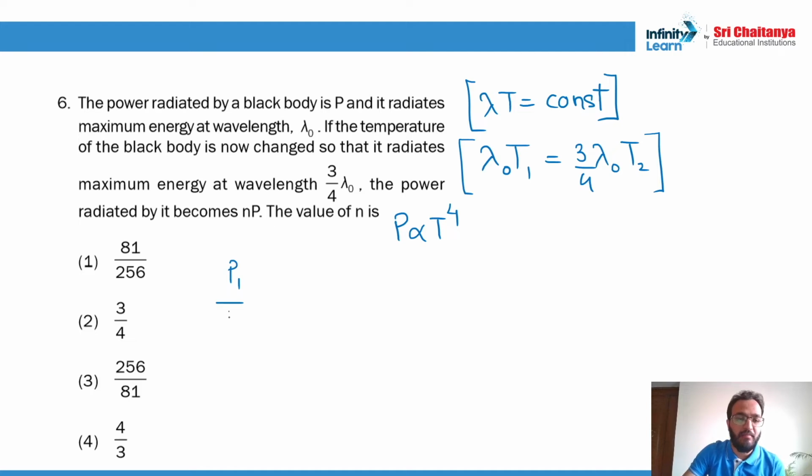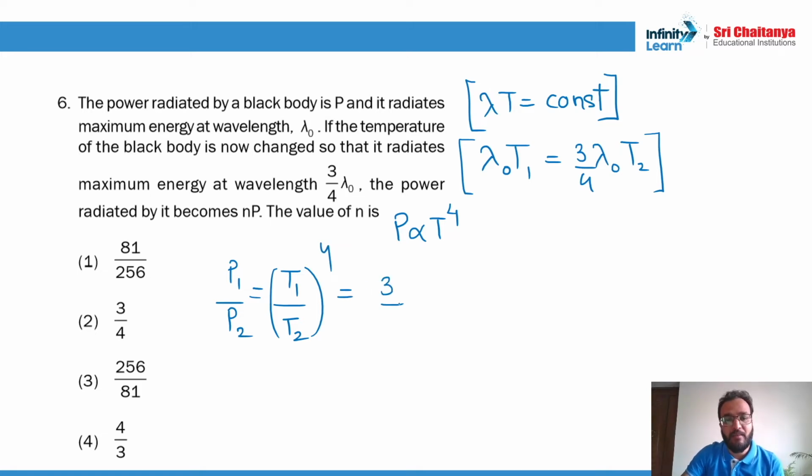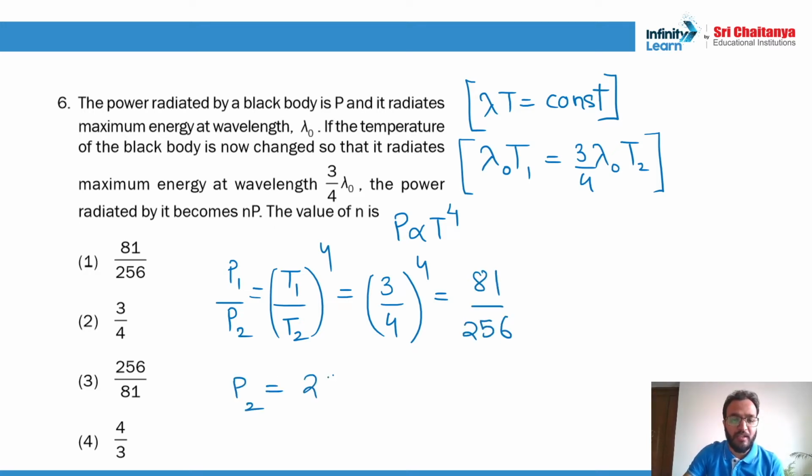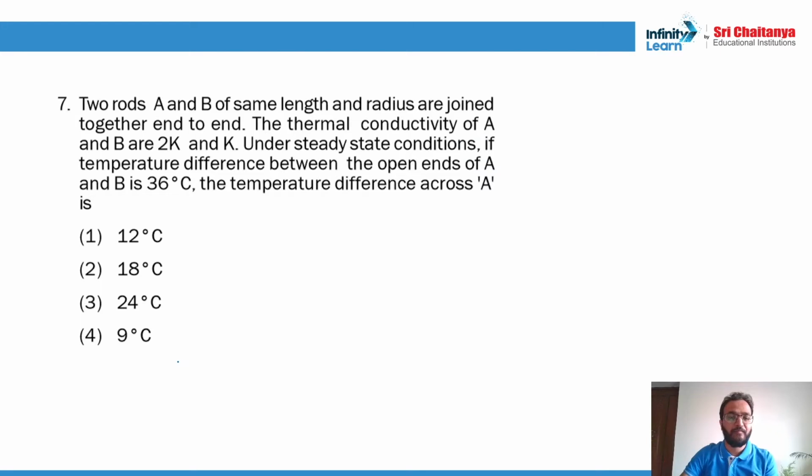So P1 by P2 is T1 by T2 to the power 4, that is 3/4 to the power 4, that is 81 by 256. So P2 is 256 upon 81 into P1. What is P1? That is P. So what is the correct answer? Third option is right. Got it?